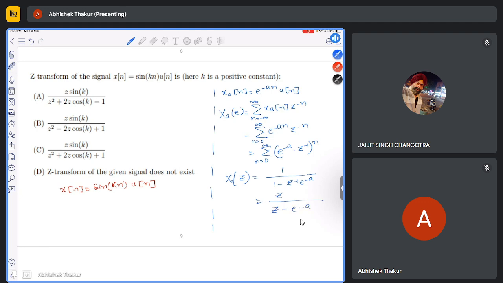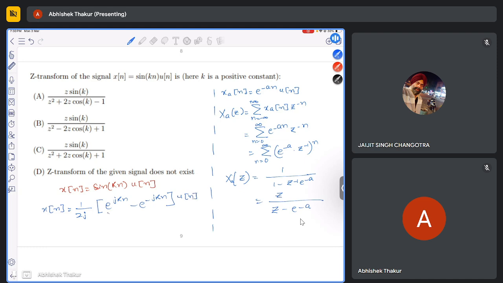Similarly, now we will break the sinusoidal signal sine kn u of n into exponential form. So we can write x of n is equal to 1 by 2j, e to the power of j k n minus e to the power of minus j k n, multiplied with the unit step function.